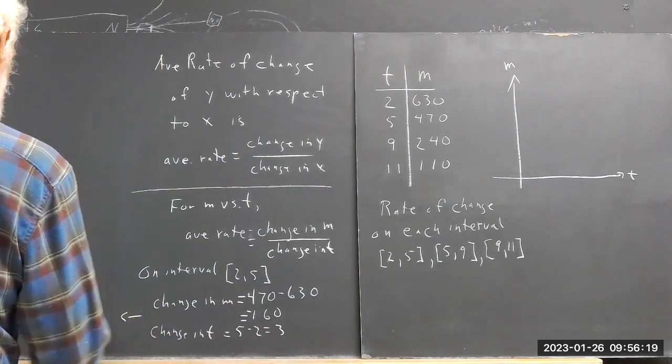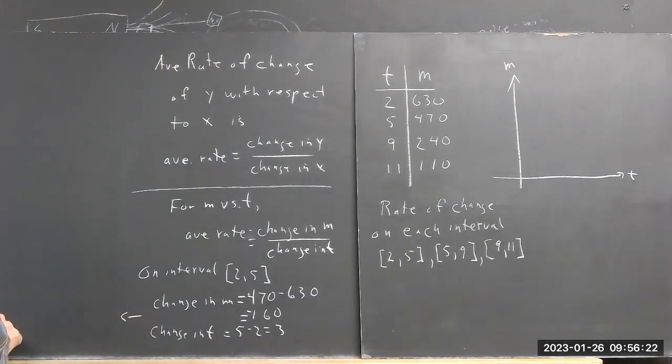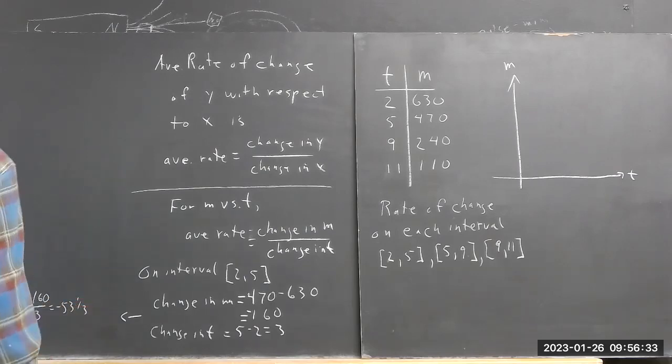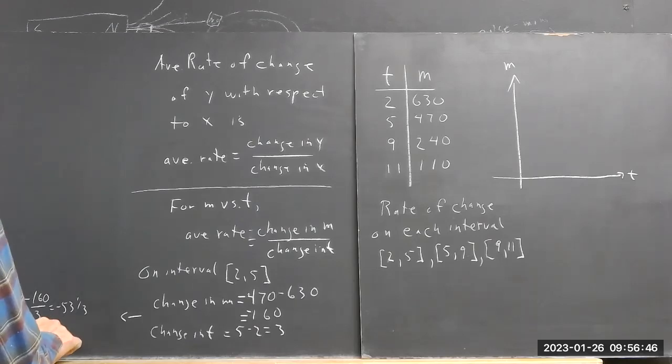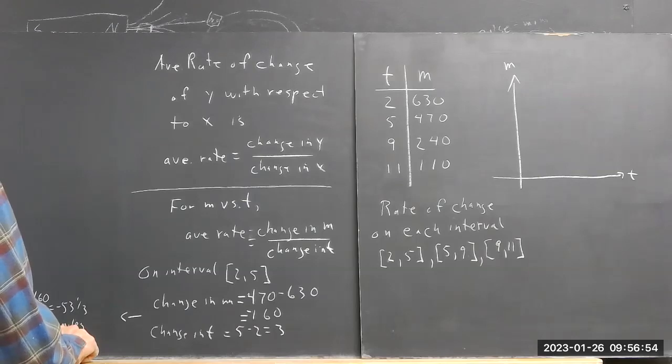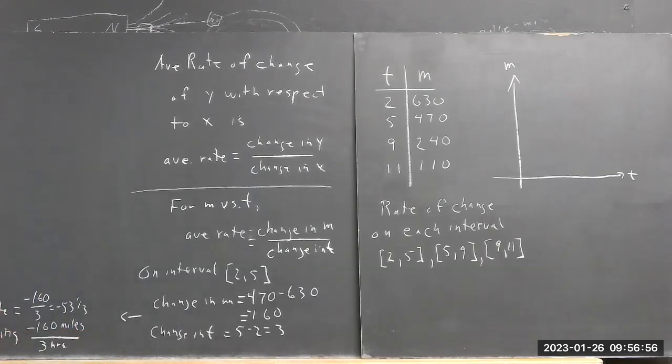So negative 160 over 3, negative 53 1/3, meaning negative 160 miles over 3 hours.